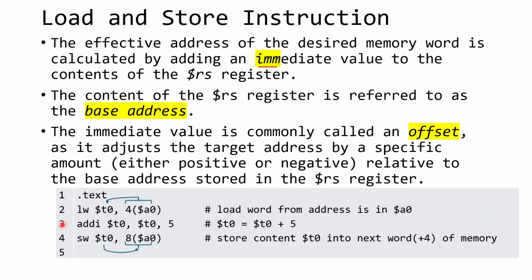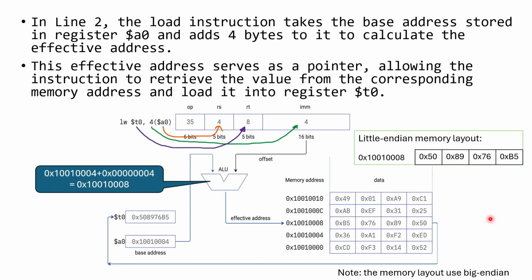And then we do some simple operation, ADDI T0 T0 5. After that, store back the content inside T0 into the next word, because this one is 8, meaning into the next word A0 plus 8. So this is how the operations are done.